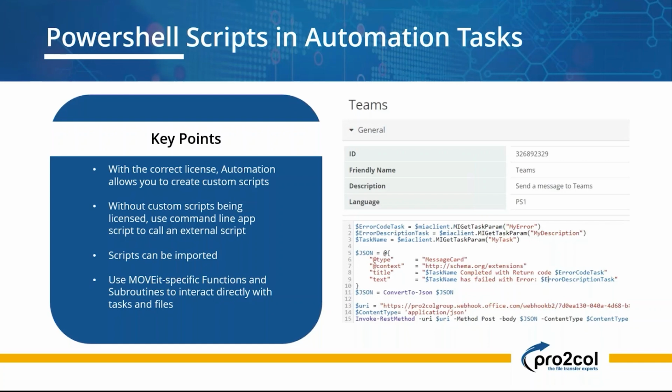You can see on the right-hand side of the screen there, I am setting some PowerShell variables based upon information that's being passed to me via MOVEit Automation. Then if I want to, I can pass this information back in again to automation once I've processed it and done whatever I need to be doing.